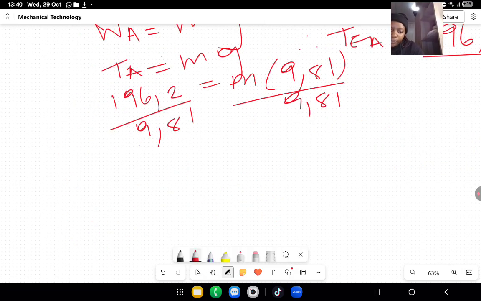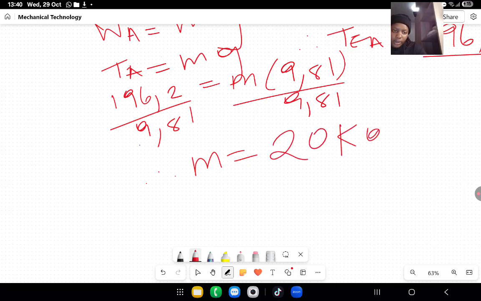Therefore our M will be equal to 196.2 divided by 9.81, so our answer will be 20 kilograms.